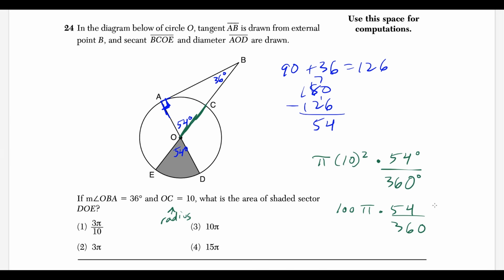You could use a calculator, but I'll just go ahead and divide the top and bottom here by 18, and 54 divided by 18 is 3. So we're going to have 100 pi times 3 over 360 divided by 18 is 20. And now 100 divided by 20 is 5, and then 5 pi times 3 is going to give us 15 pi. So our solution here is choice 4.